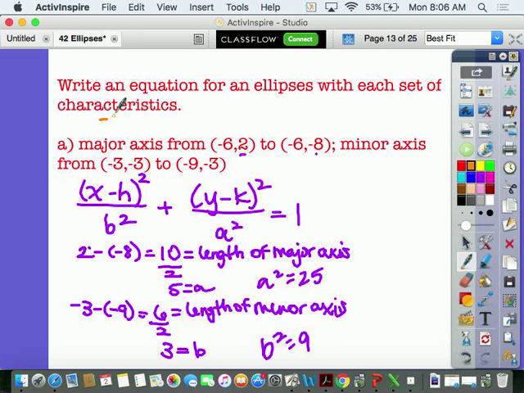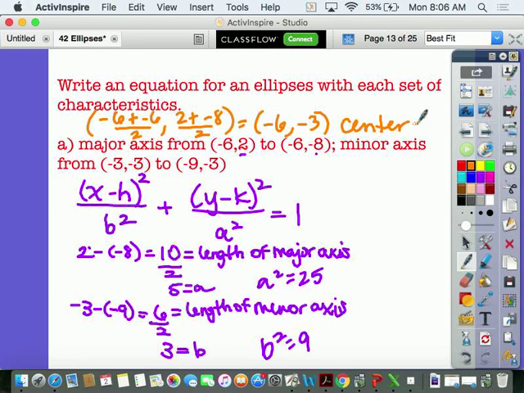So old school midpoint is x1 plus x2 all over 2, and then y1 plus y2 all over 2. Well, negative 6 minus 6 is a negative 12. Divide that by 2 is a negative 6. And 2 plus 8 is 10. Divide that by 2 and we get 5. This is the center for our ellipse.